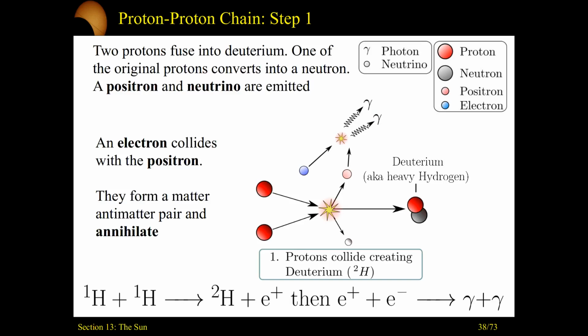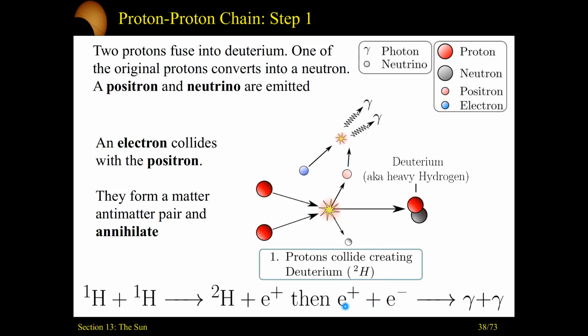So reading this off, kind of like a chemical equation, you'll start off with 2 separate hydrogen protons. They'll fuse together, turning into deuterium plus a positron. E plus is positron. That positron will then later interact with another electron. They'll annihilate.